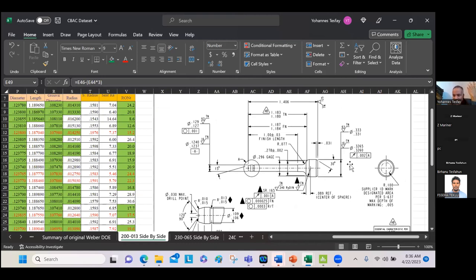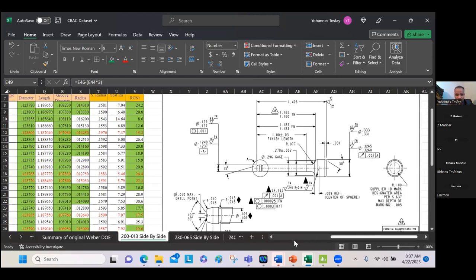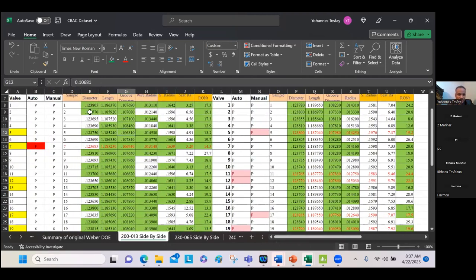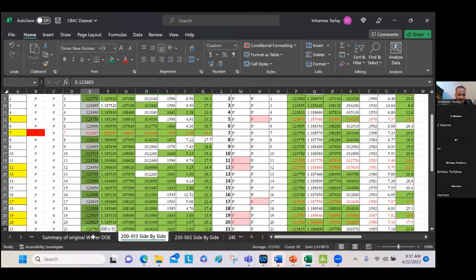Run out allows 0.002 of an inch. Circularity or roundness allows almost 25 microns. The total surface is very smooth. So I take the stem diameter, this is the measurement.